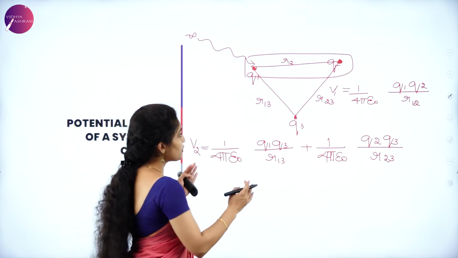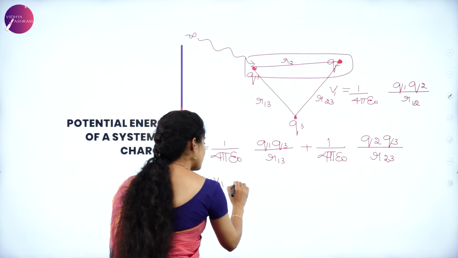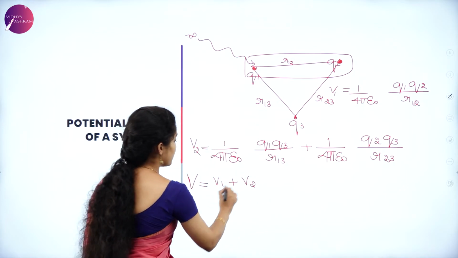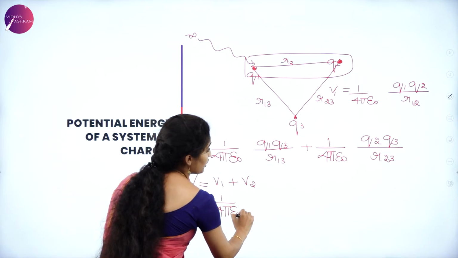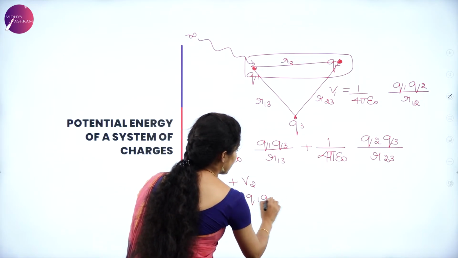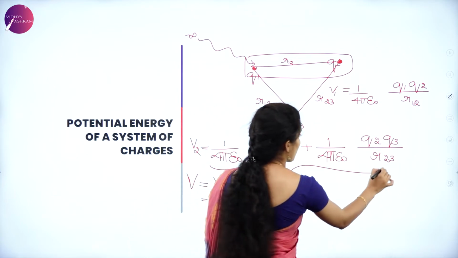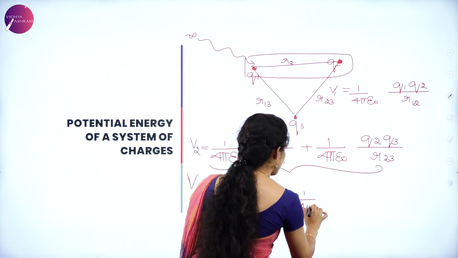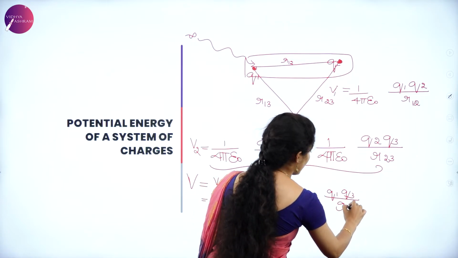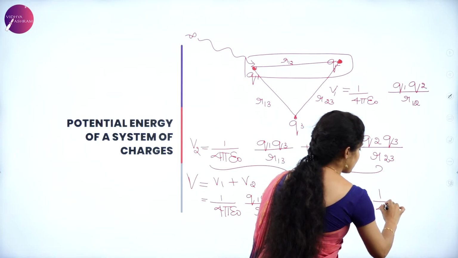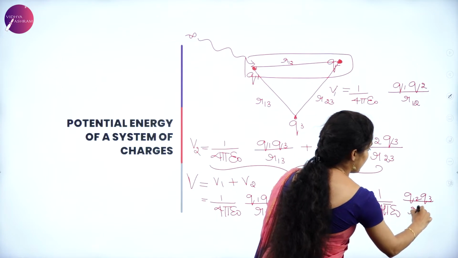Okay. So now we will have to sum up all this. That is, the total potential is equal to V1 plus V2. If you are summing up like this, you will have the equation 1 by 4 pi epsilon naught Q1 Q2 divided by R12 plus 1 by 4 pi epsilon naught Q1 Q3 divided by R13 plus 1 by 4 pi epsilon naught Q2 Q3 divided by R23.